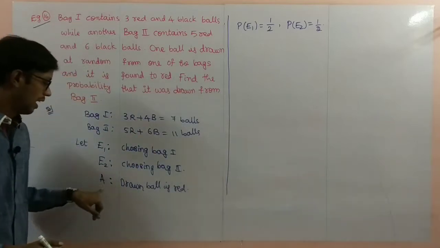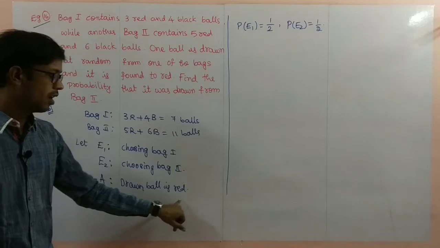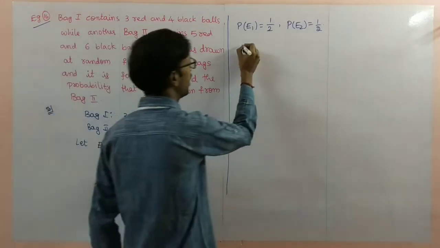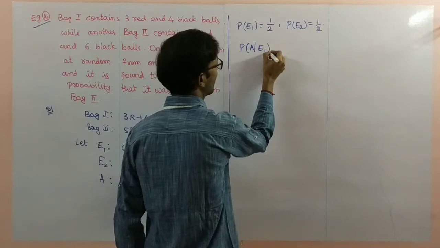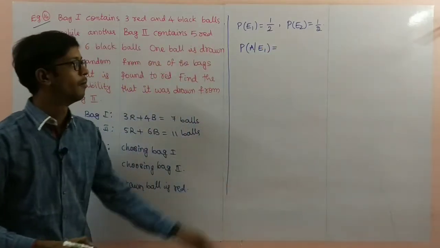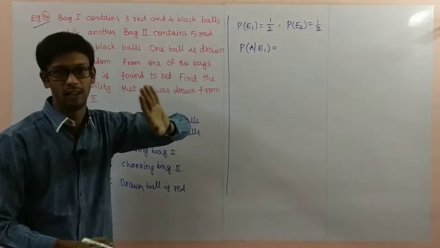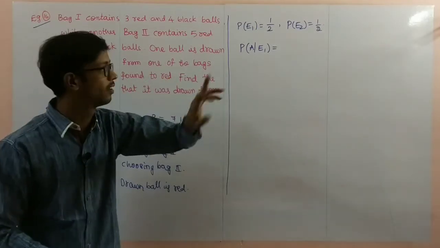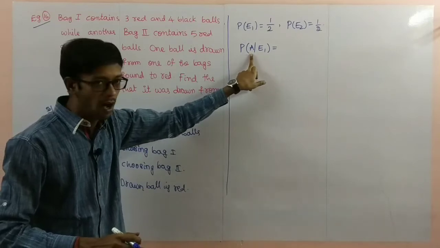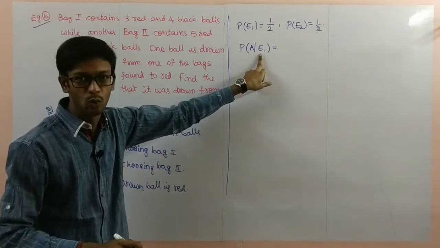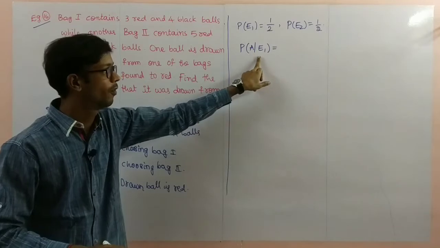Next, A is the event that the drawn ball is red. So I will write here: drawn ball is red from bag 1. Bag 1 choosing is already fixed. So A by E1 means red ball from bag 1.